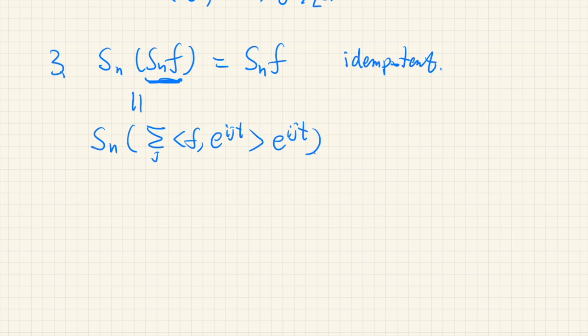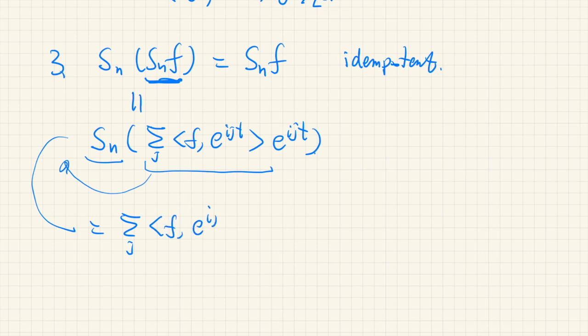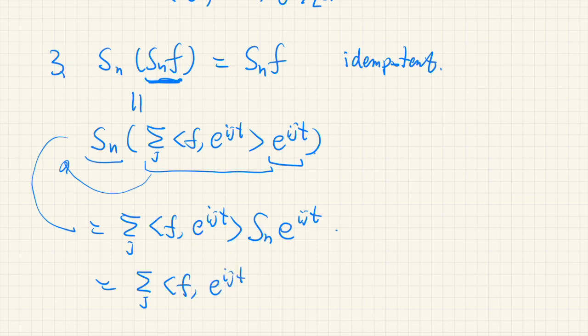with e^{ijt}. Then we have shown in the first part that this operator Sn is a linear operator. So we can take this summation and coefficient out of this operation, right? So therefore, this is equal to the sum over j of the inner product of f with e^{ijt} outside, and then we apply Sn to this function e^{ijt}.